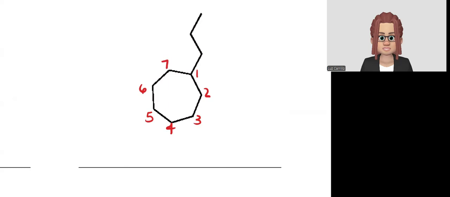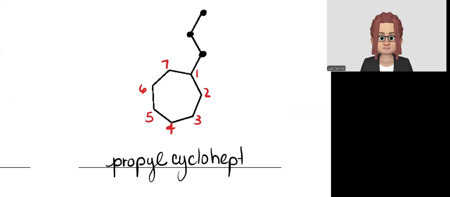Specifically, that branch has 1, 2, 3 carbons. So the name of this structure is propylcycloheptane, since there's 7 carbons. Make sure that you also know, if you're given the name, how to draw the structure for a cyclic alkane with one substituent.